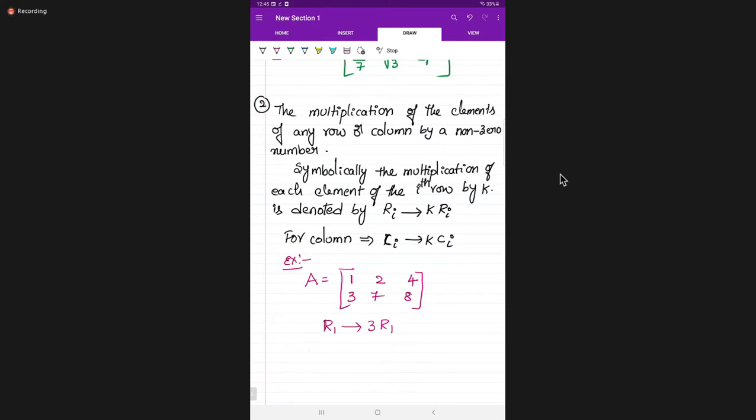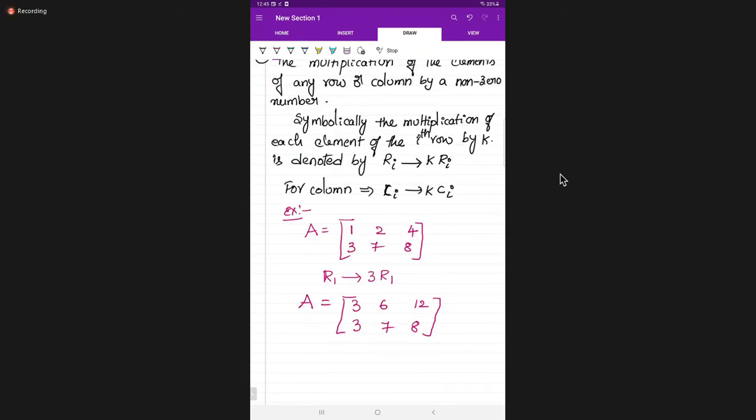Tell me the answer: 3, 6, 12. Why 12? 4 multiplied with 3. The second row stays as it is: 3, 7, 8. Understood all of you? Here we apply the operation on the first row only, not the second row.